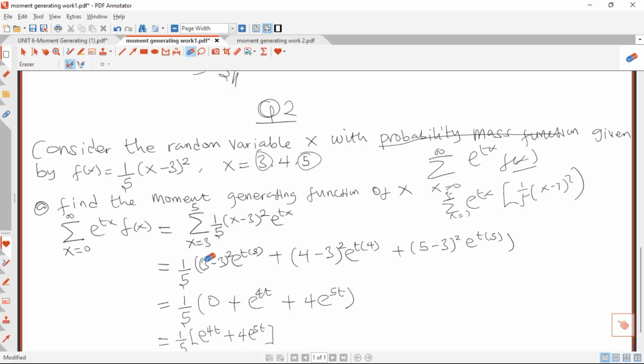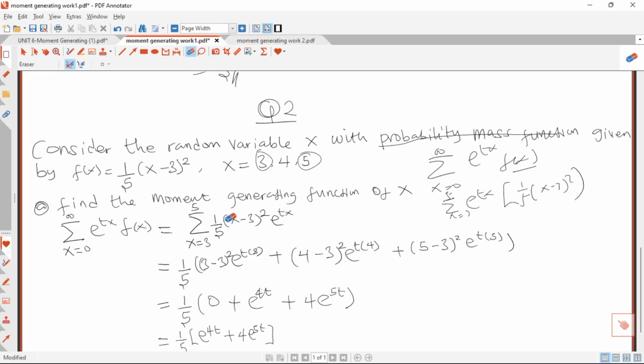First, I'm going to factorize 1 over 5 out, and then just take (x minus 3) raised to the power 2 times e raised to the power tx, and then do the expansion.